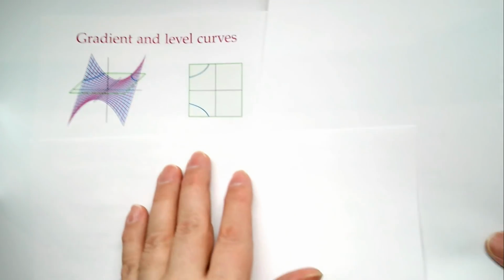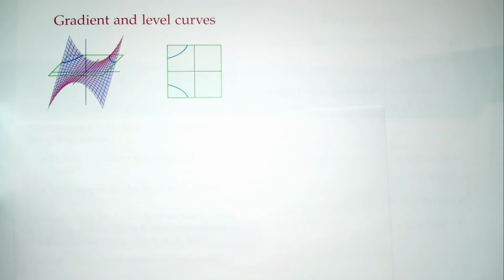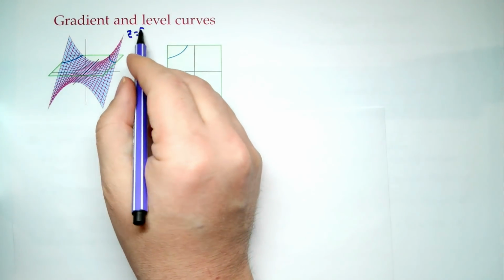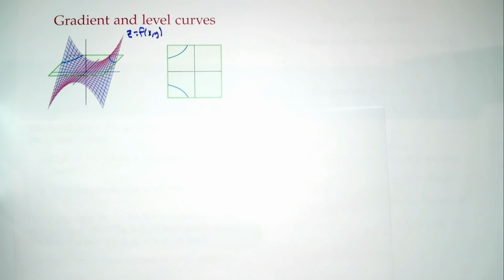So what's a level curve? A level curve is a way of saying, I want to take my function, and I'm thinking of my function now as a surface, z equals f(x, y). So here's my surface. And what I'm going to do is take a slice, not just any slice.